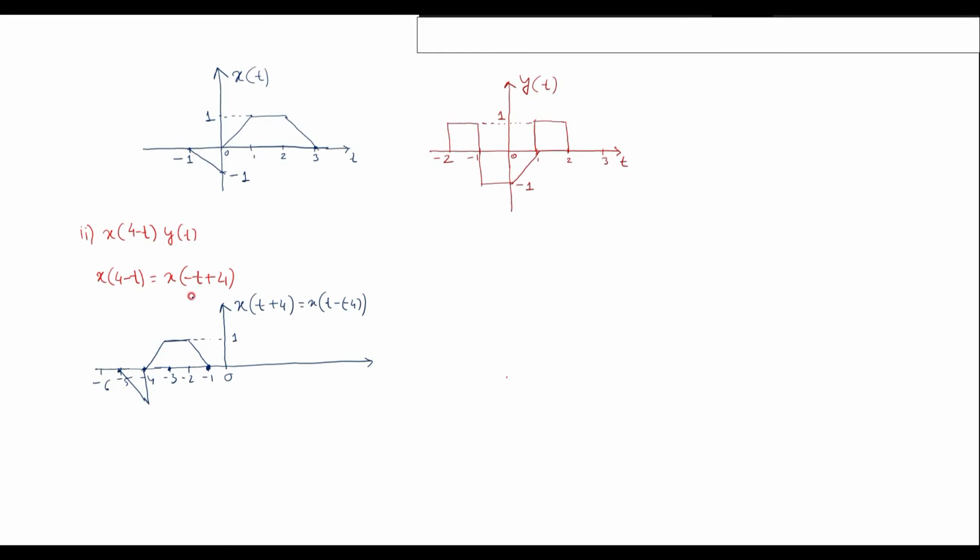Now we'll try to draw x of minus t plus 4. So x of minus t plus 4 is obtained by taking reflection of x of t plus 4. Say this is 6. That is from minus 1 to minus 4. This waveform will exist between 1 to 4.